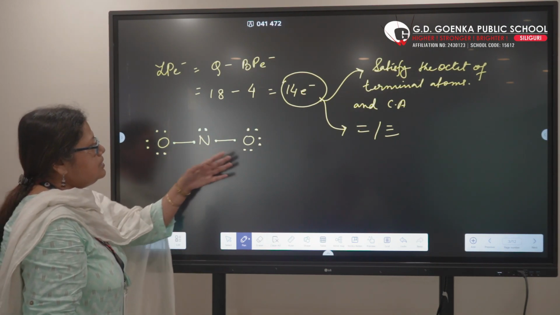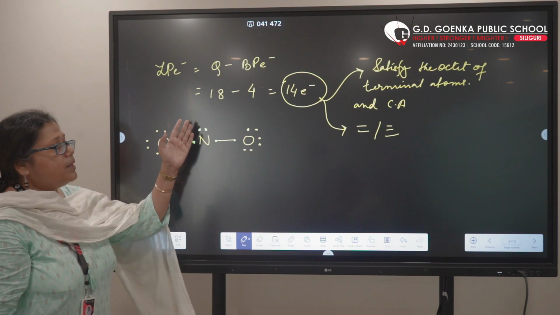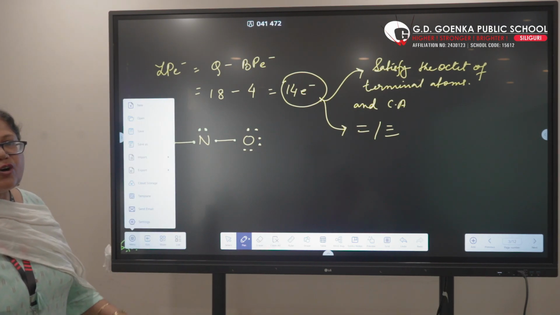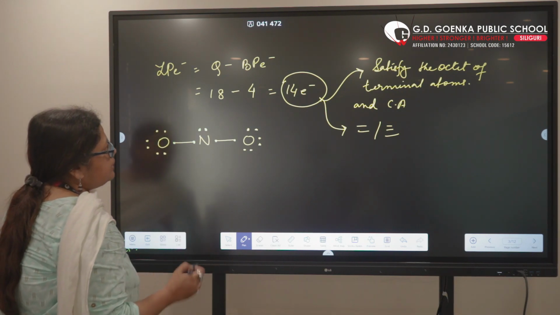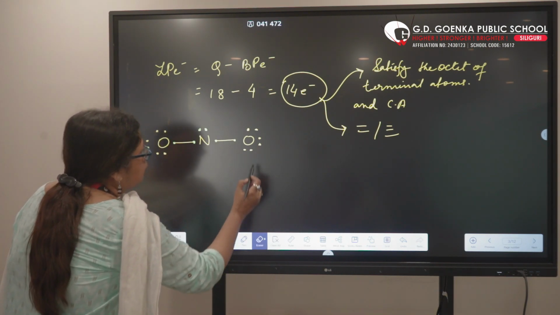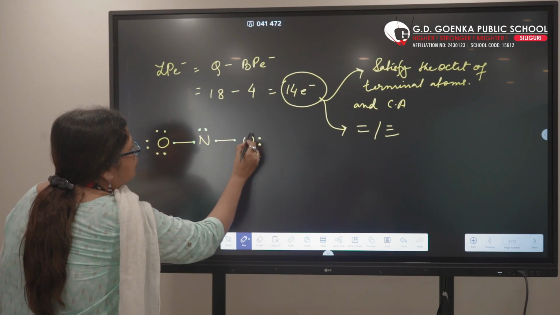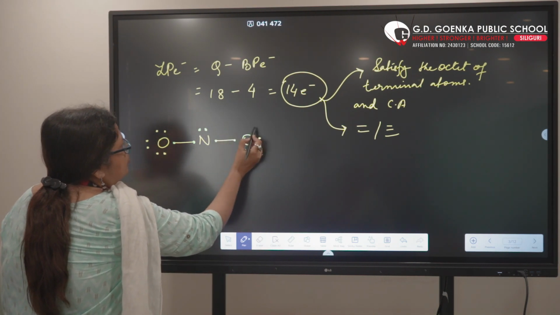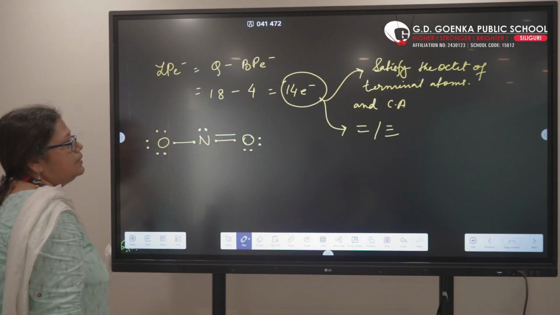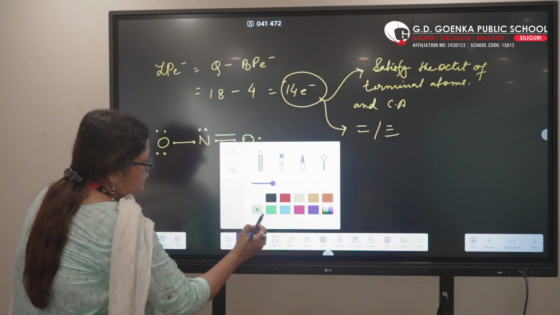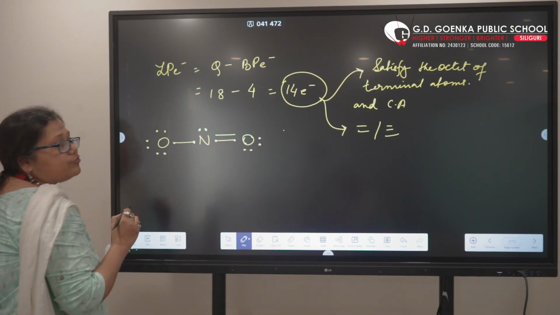So both oxygen atoms' octets are completed, but we are unable to complete the octet of nitrogen. So in this case, what is to be done? Convert one of the lone pairs of electrons of oxygen into a double bond.